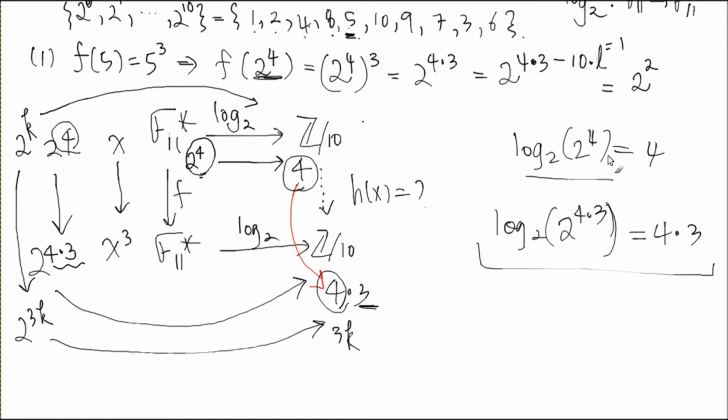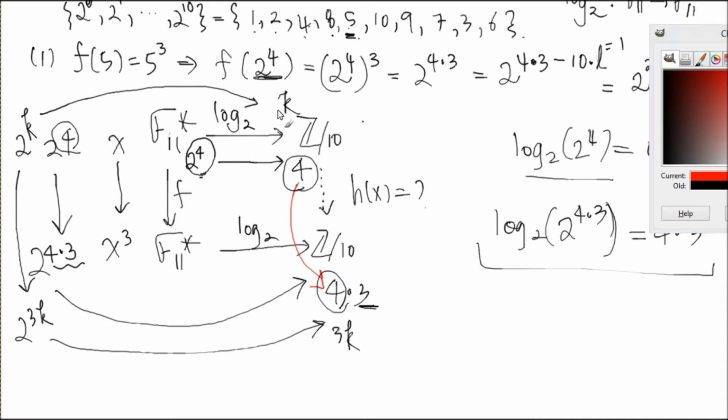The logarithmic map picks up just the k, right? And we want to map this k to exactly that one, so that it commutes. It doesn't matter which way you go around, you end up with exactly the same element. So if I have h of k, what would be the definition of h of k? If I have the element k in here, h of k must be 3 times k. It's all happening in what world? Z mod 10, right?